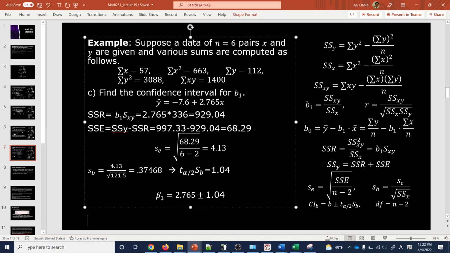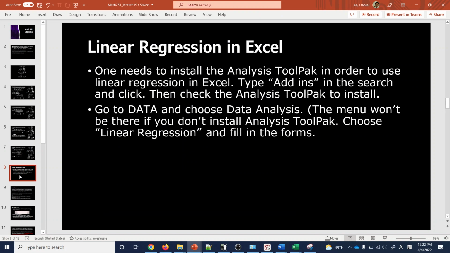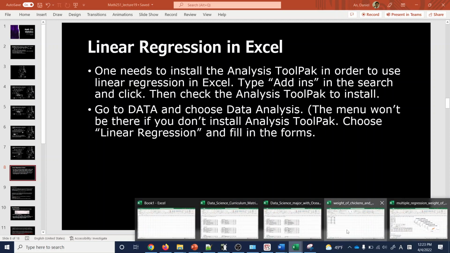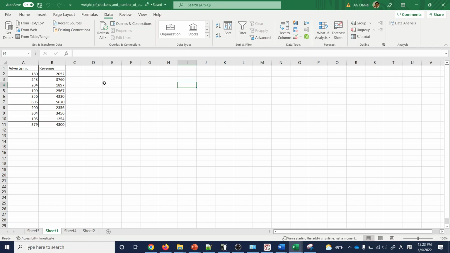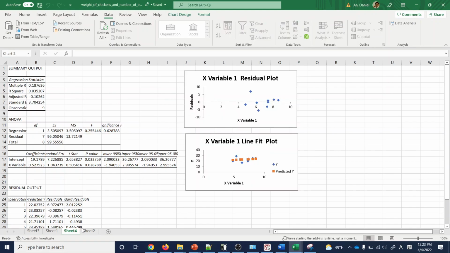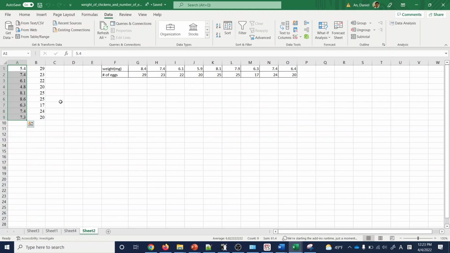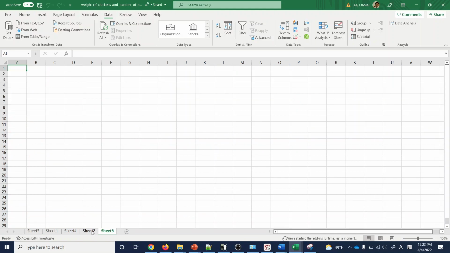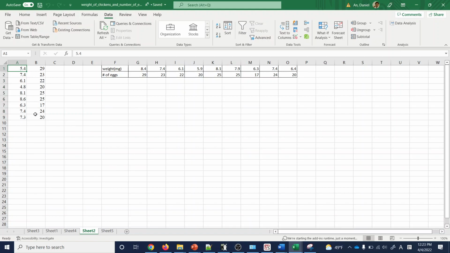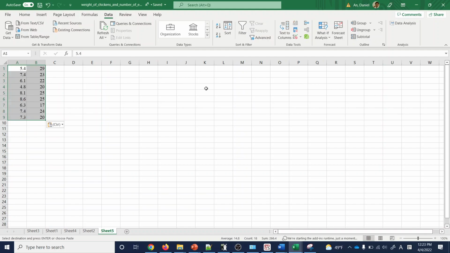Okay. All right. So going back to what I was trying to say, you need to know how to do linear regression in Excel, and to do it, you first have to install the Analysis ToolPak. I already have it installed, but let me show you.